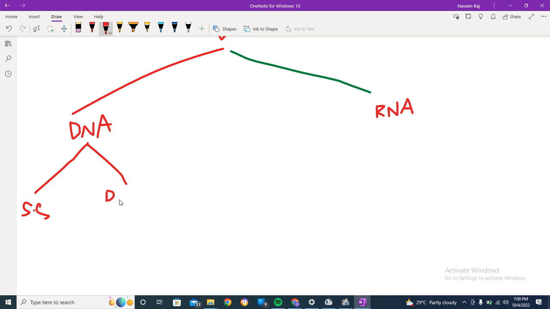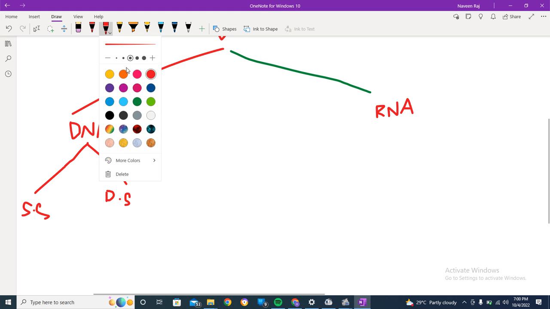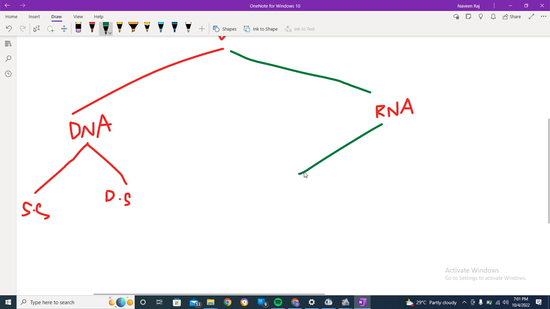The same is true for RNA. We have two major classes in RNA: one is single stranded, the other is double stranded.